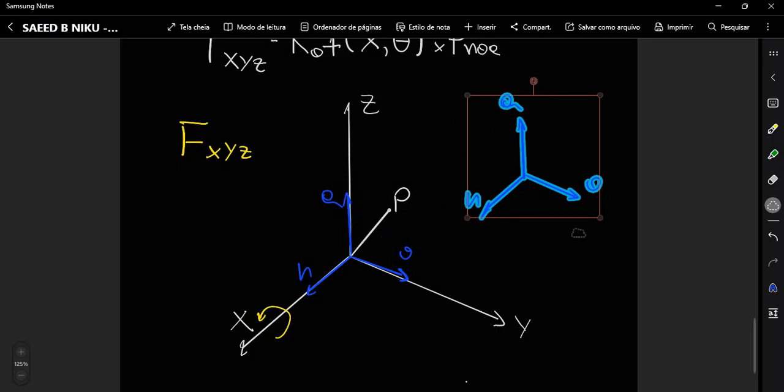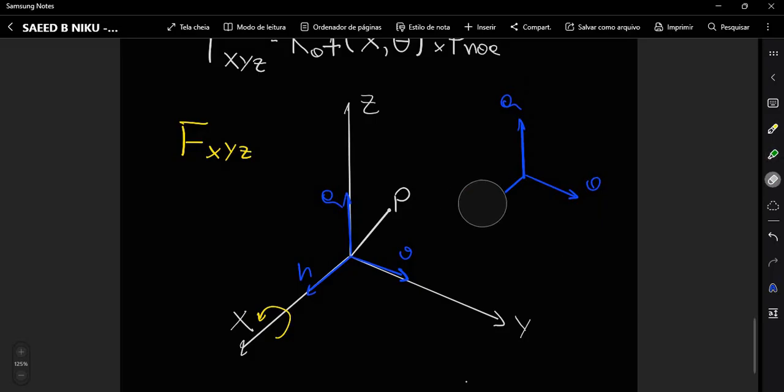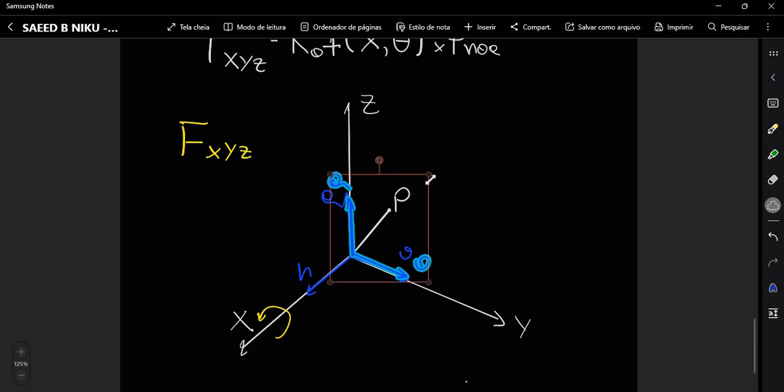So let me see this. Okay, the rotation is above the axis x, and the vector n will not have any change.